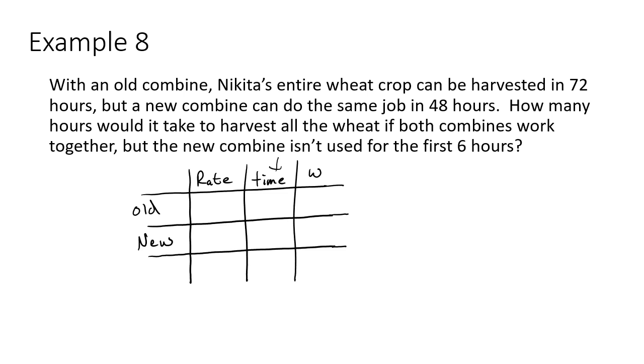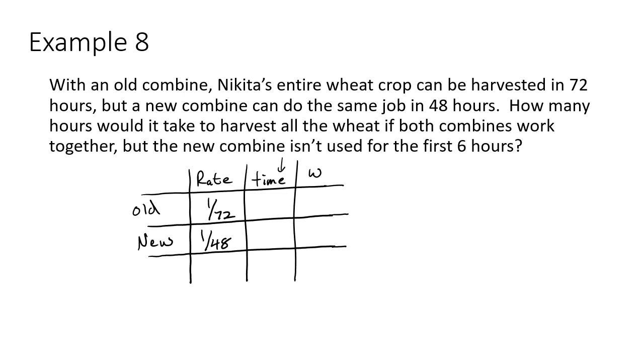And the time lag does not come into play for this. This is just their rate per hour for the job. So if the old combine can do the job solo in 72 hours, its rate is 1 over 72 of the job per hour. And if the new combine can do the job in 48 hours, its rate is 1 over 48 of the job per hour.